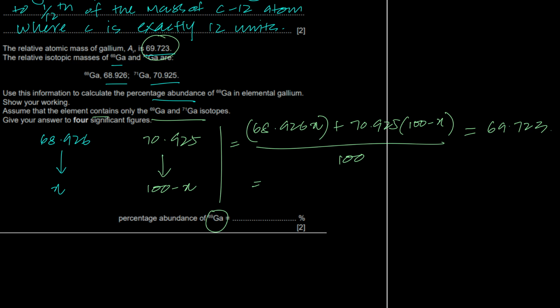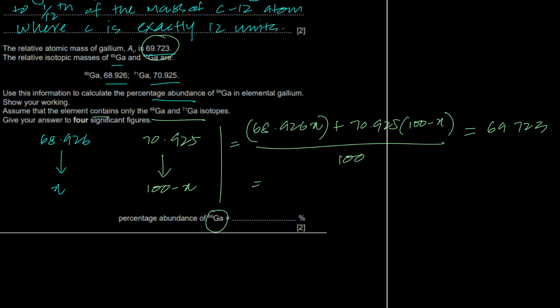So it's 68.926 multiplied by X plus 70.925 multiplied by 100 minus alpha X, and then it's divided by 100, and you equal it to, you press alpha calc, that will give you the equal sign, and it's equal to 69.723, and then you press shift calculate.